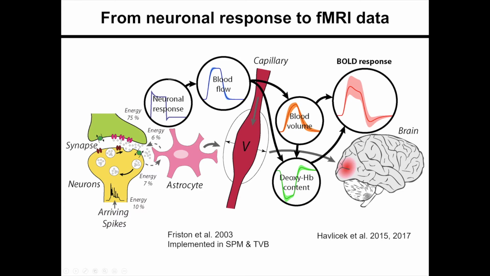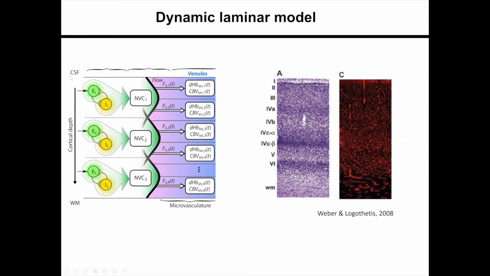Now, if we go to higher resolution with CSF on top and white matter on the bottom, then we have neuronal activation distributed over the cortical depth, represented by excitatory and inhibitory neurons. Again, in the same way, neurovascular coupling changes blood flow, deoxygenated hemoglobin, and blood volume.